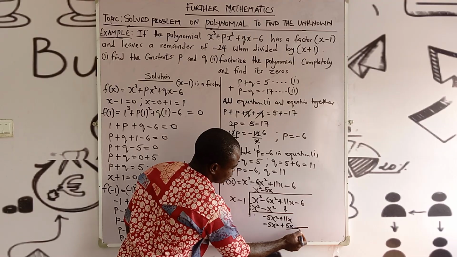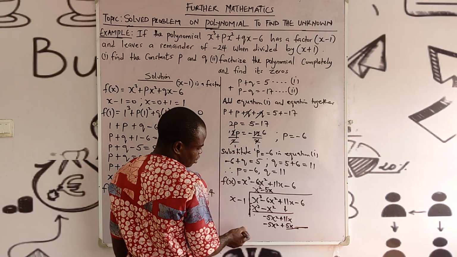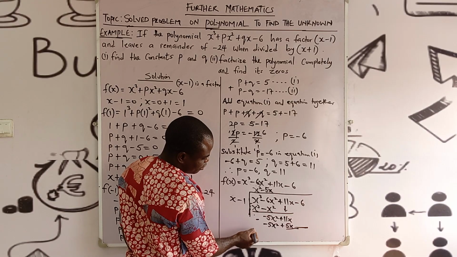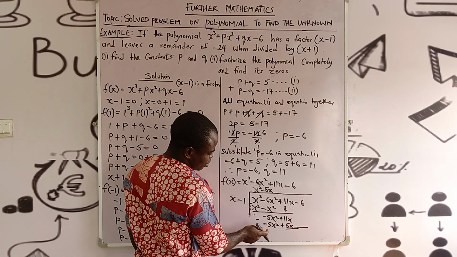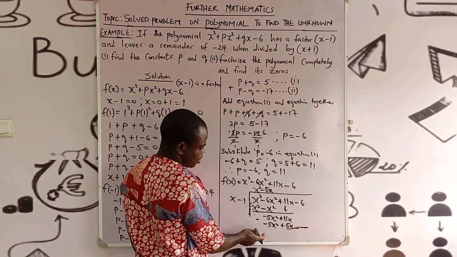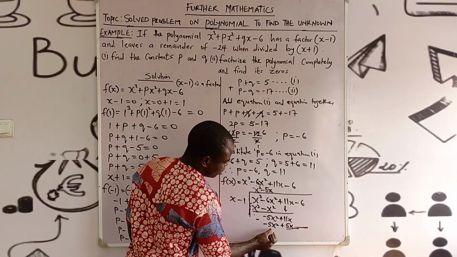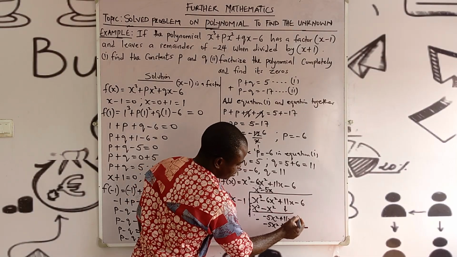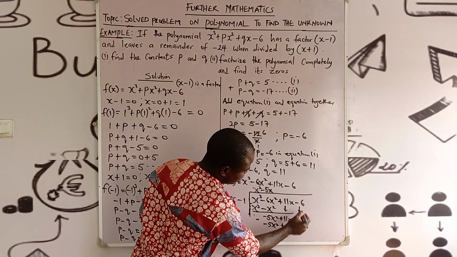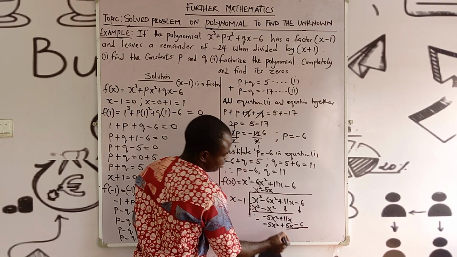Let's do the subtraction. Minus 5x squared minus minus 5x squared gives us 0. Now don't forget that we bring this minus 6 down.